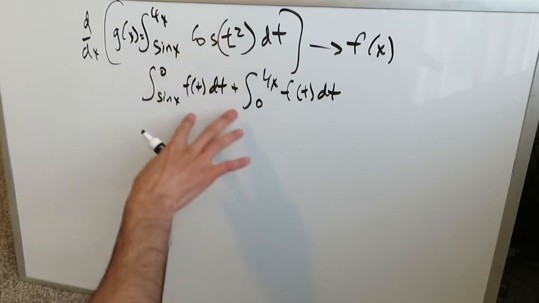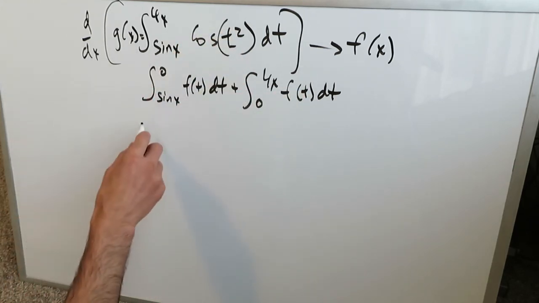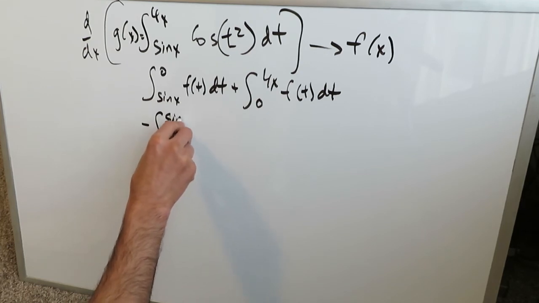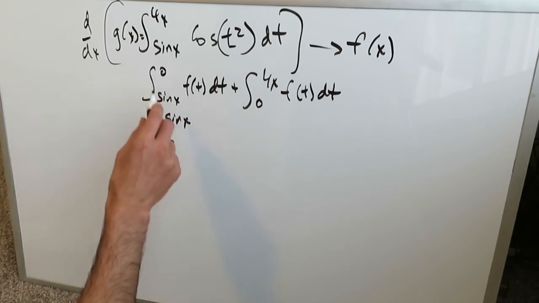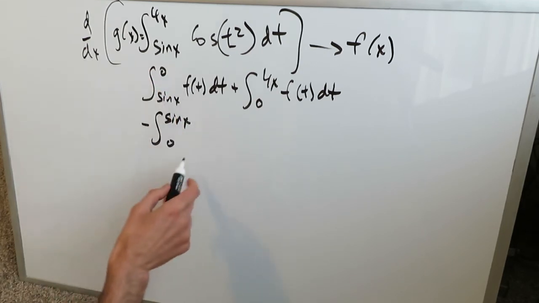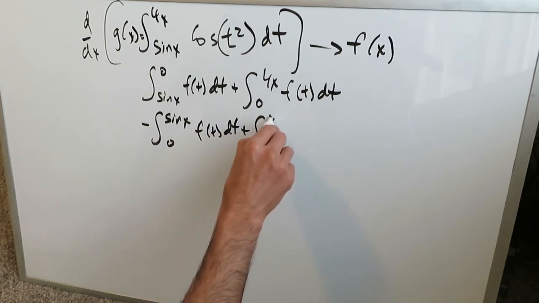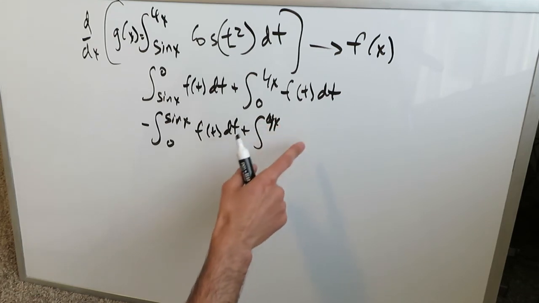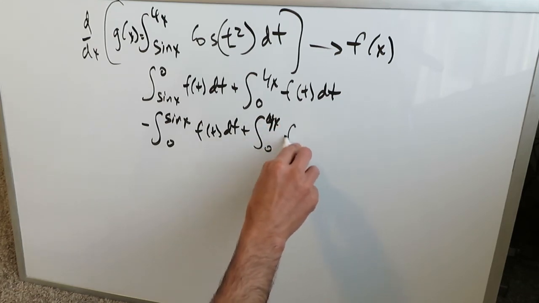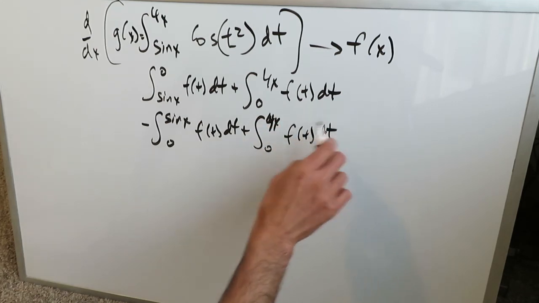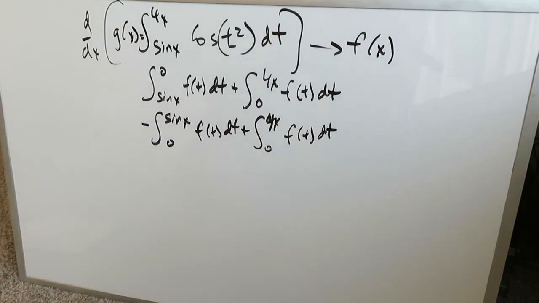These functions here will be replaced by that. And you can flip everything over here using the minus sign. You can make your interval this. This becomes the lower limit to upper limit. 0 becomes a lower limit. f of t dt plus the limit over here, interval 4x, upper limit is already set as we want it, with the variable in the upper limit and the 0 in the lower limit, the constant.